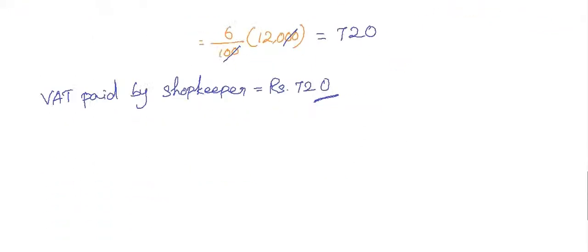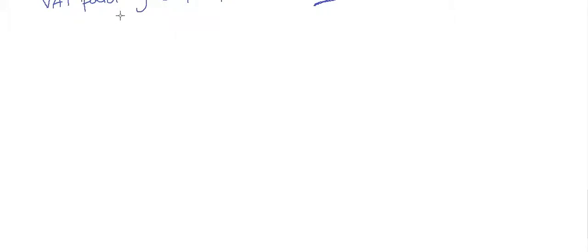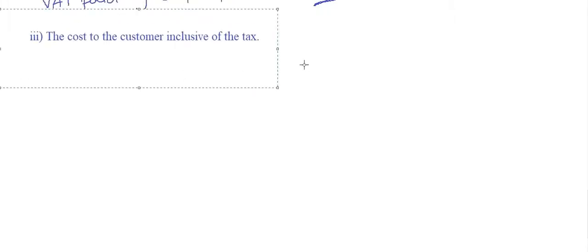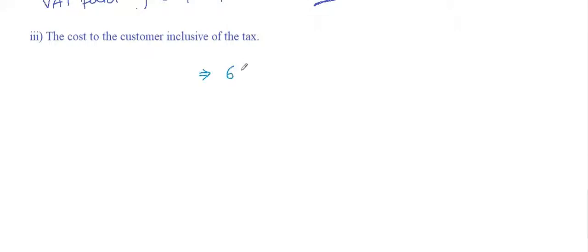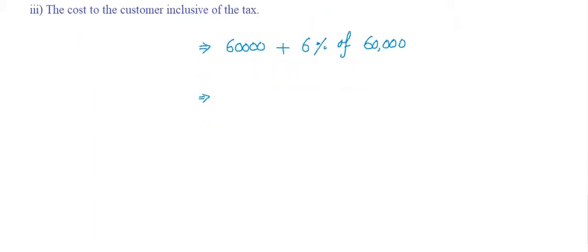Okay, let's move to the third part of the question, which is the cost to the customer including tax. The printed price is 60,000 and 6% of 60,000. This is the cost which the customer has to pay.